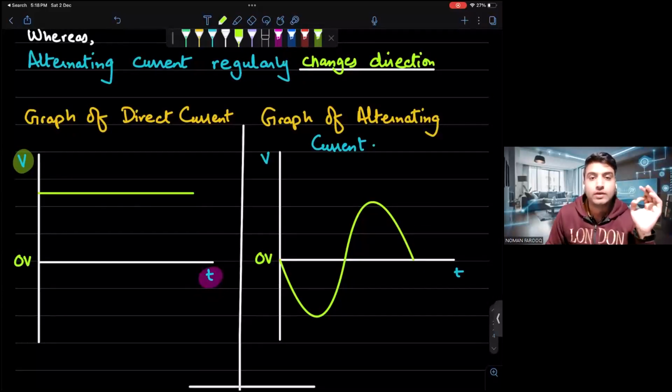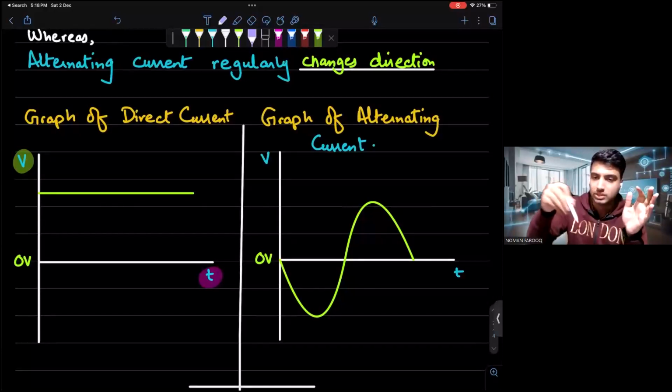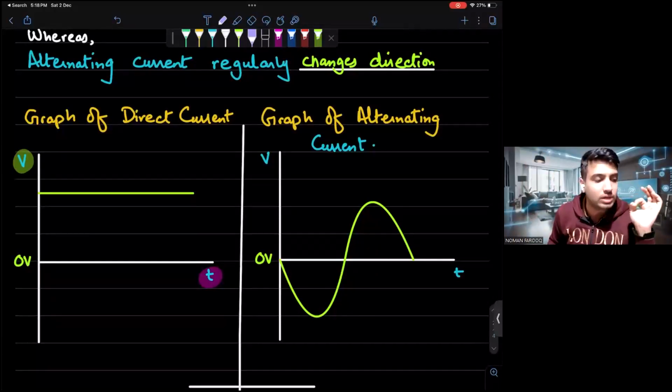In alternating current, the graph goes in this curve. This curvature would continue forward, like this. It will repeat the structure which it has on the screen right now, because alternating current regularly changes direction.